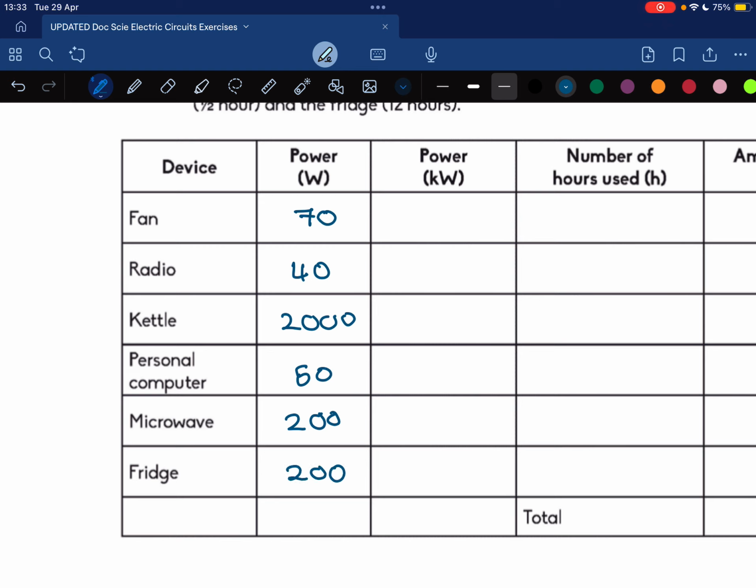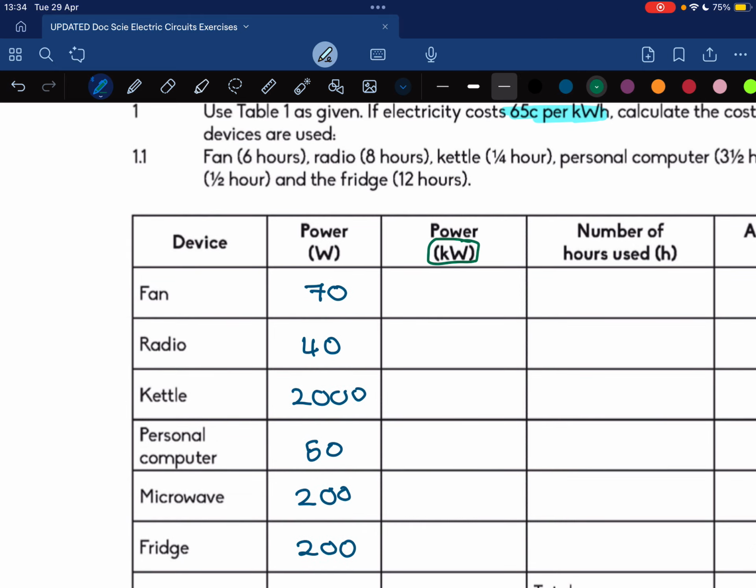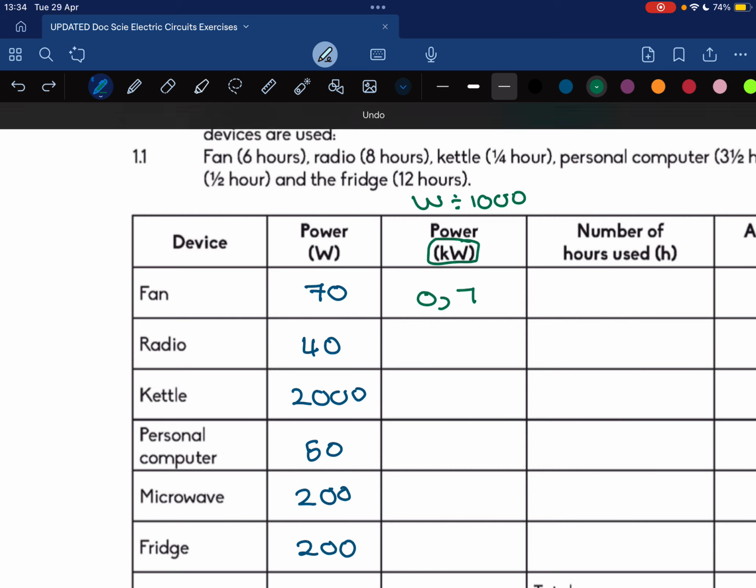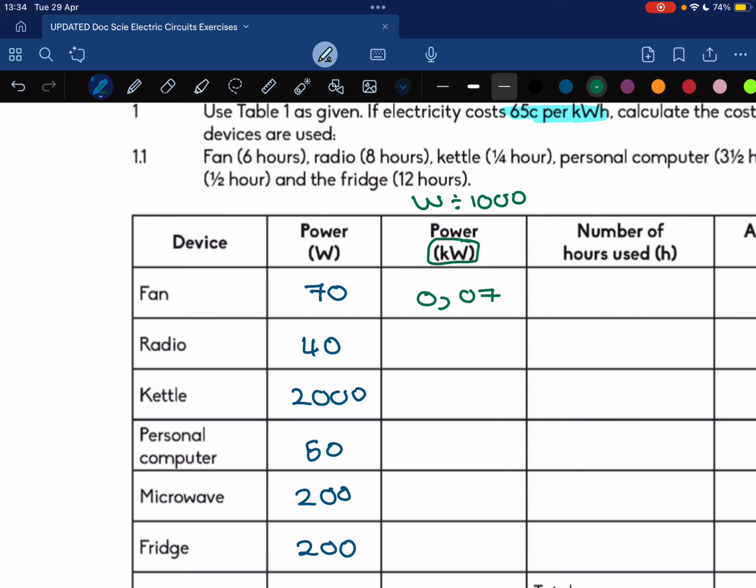Now it says, what is the kilowatts? Remember, the kilowatts is going to be the watts divided by 1,000. So the kilowatts will be 0.07, 0.04, 2, 0.05, 0.2, and 0.2.